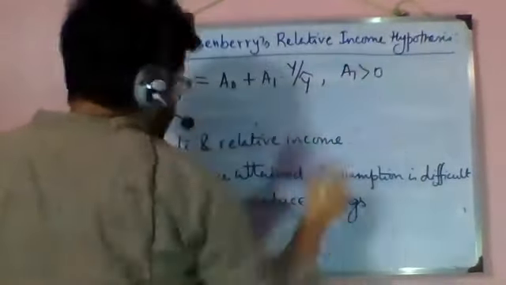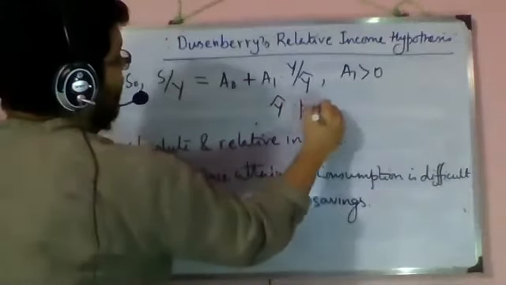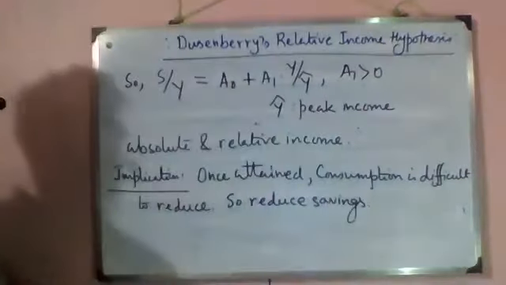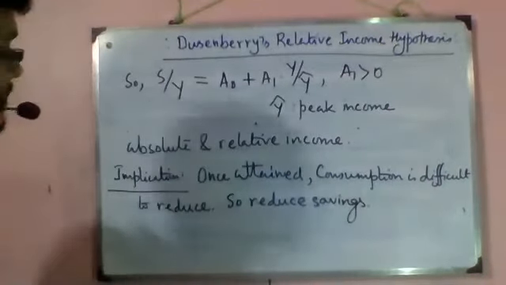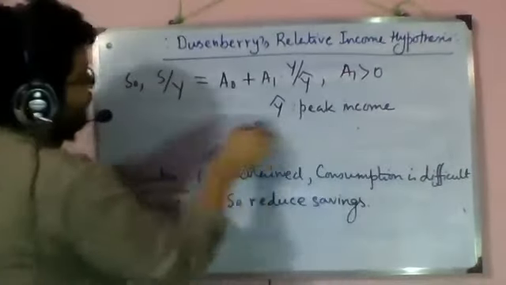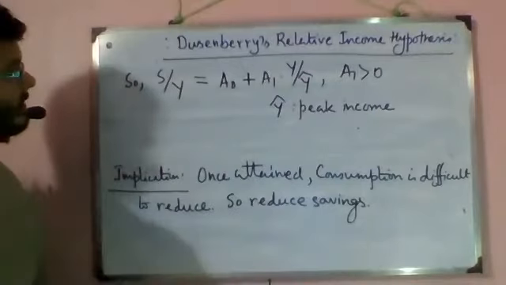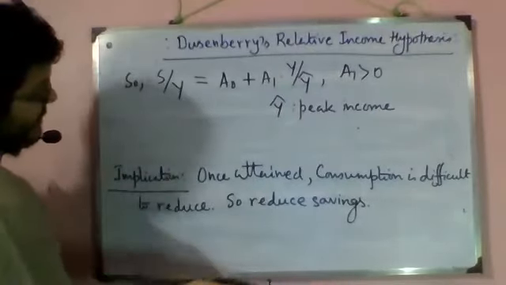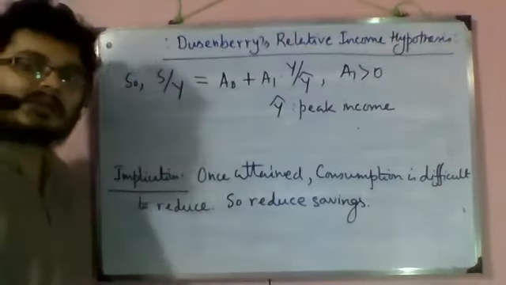First is A1 is positive, and second thing is this Y hat is peak income. Do not confuse it with the Y hat that we defined earlier. So our hypothesis said that consumption is related to peak income, a previous income. So I'm not reducing consumption, I'm reducing savings. And all of this together gives rise to this kind of a savings function.